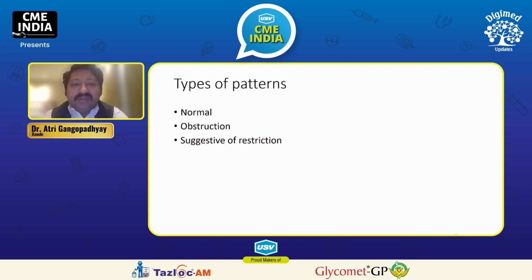So, spirometry gives us a total of 3 types of pattern. It can be a normal pattern, it can be something known as an obstruction pattern, and it can suggest restriction. Now, since we are talking about the airways, the biggest disease that can hit the airways is some blockage or obstruction in the airways.